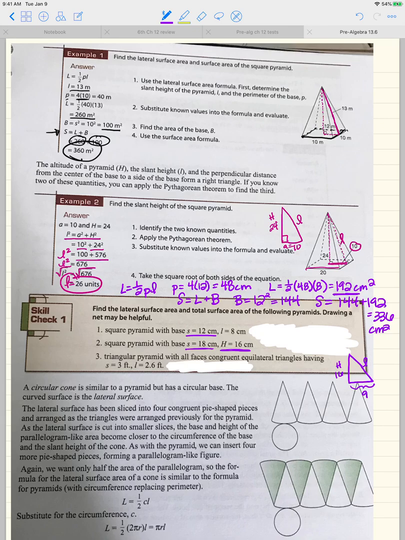Using the Pythagorean theorem, and I'm sorry, I should have swiped to a blank page so that we could write this easier, we're going to have L squared equal to 16 squared plus 9 squared. So you're going to plug that in.